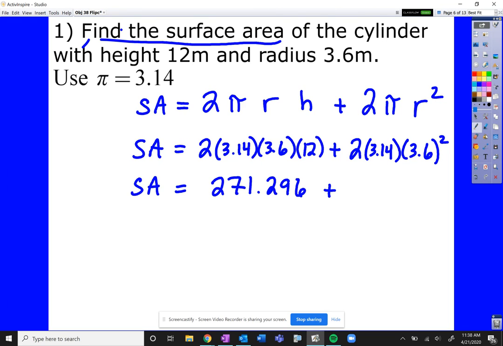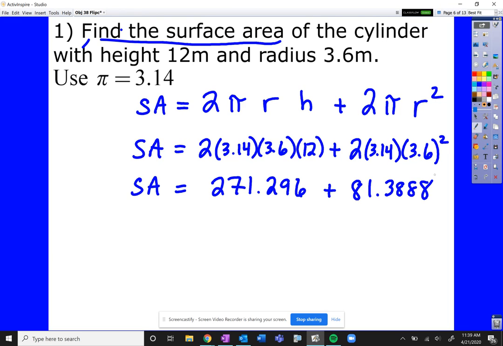So this becomes 12.96, because it's 3.6 squared. Let me back this up. Oh no, I'm making a mess of things. So we know in our calculator we can do 3.6 squared is 12.96 times 2 times 3.14.